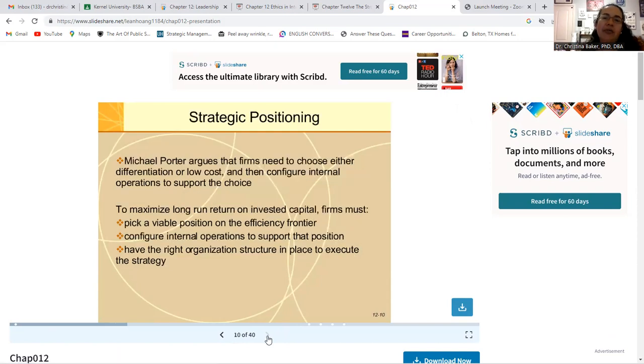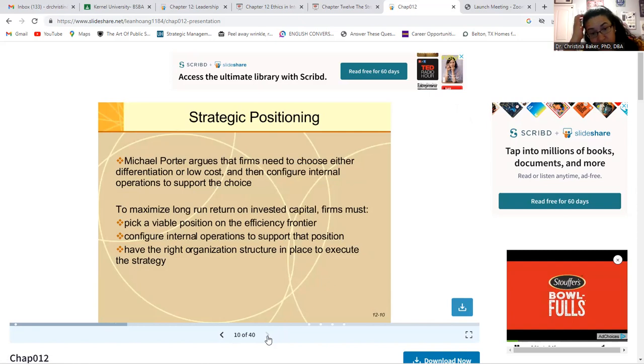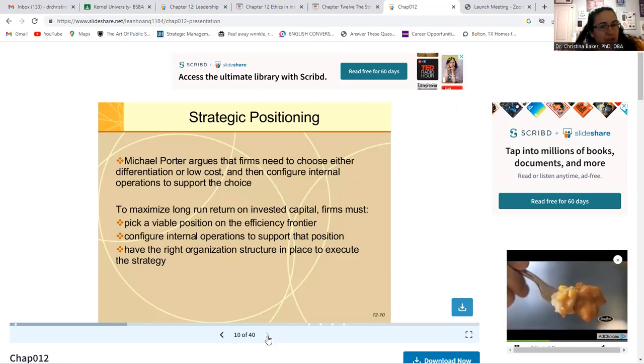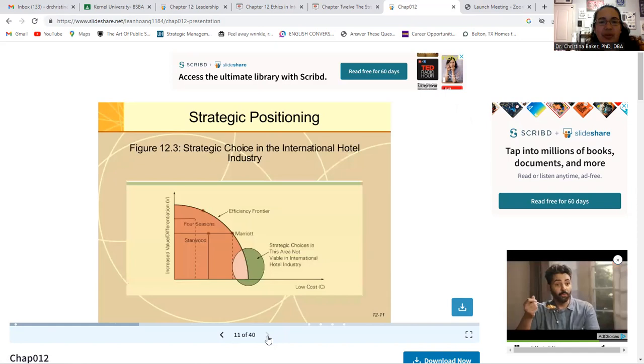Michael Porter argues that firms need to choose either differentiation or low cost and configure international operations to support the choice. We have to maximize long run return on invested capital. Firms must pick a viable position on the efficiency frontier, configure internal operations to support that position, and have the right organization structure in place to execute the strategy.